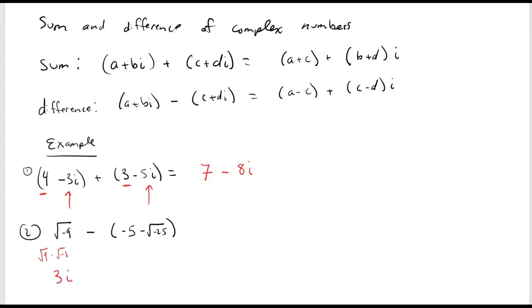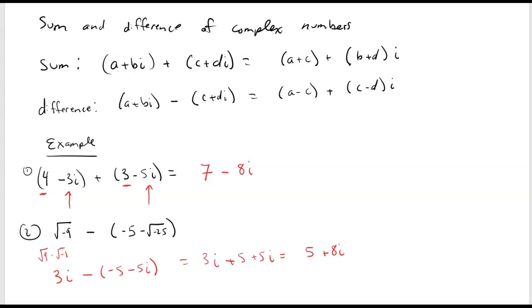So we get 3i, and then we'll say minus, and this will be -5. And we'll do the same thing over here. So this will be minus 5i. Right? I'll distribute the negative, so this becomes -3i. And then I can say plus 5 plus 5i, and then combine my like terms, 5 plus 8i. So again, another different way to solve for this.